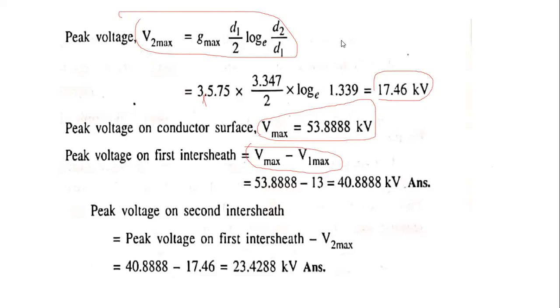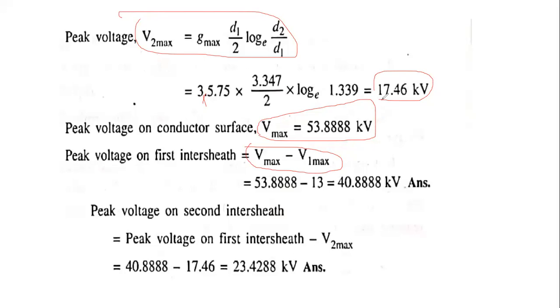Next we calculate the peak voltage on the second intersheath. What is the formula for the peak voltage on the second intersheath? That is the peak voltage on the first intersheath minus V2 max. The peak voltage on the first intersheath is 40.88 minus V2 max.